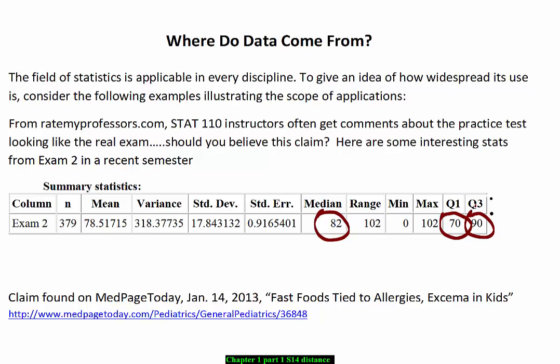So if 1/4 scored below a 70, that means 1/4 of the class has a D+, a D, or an F.